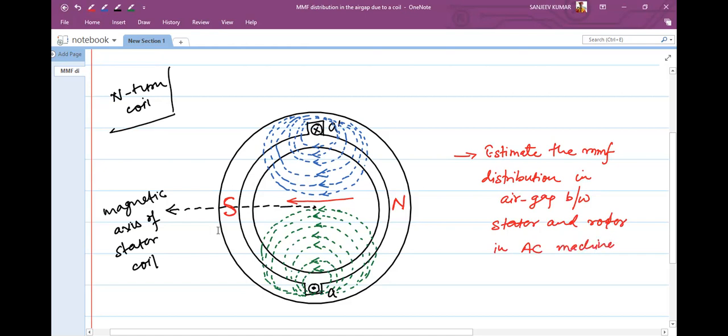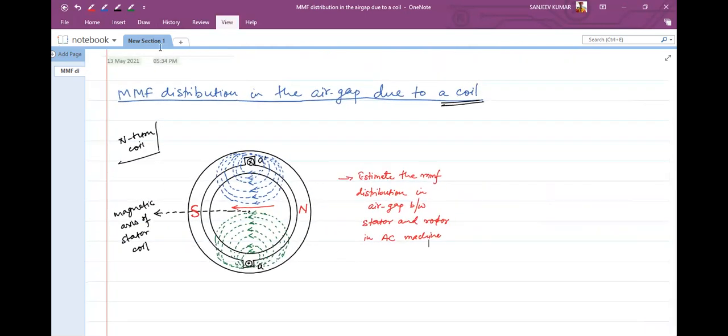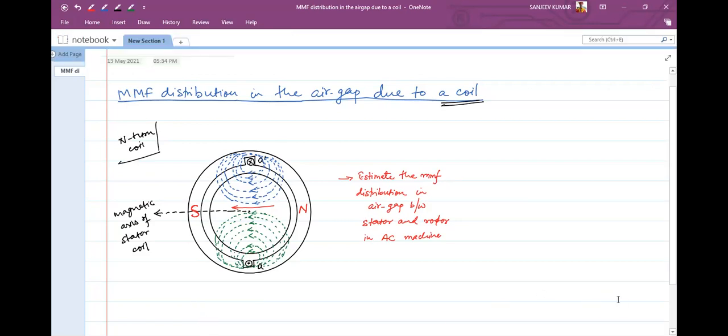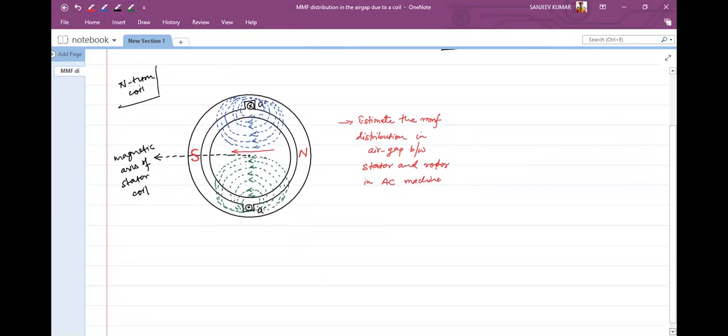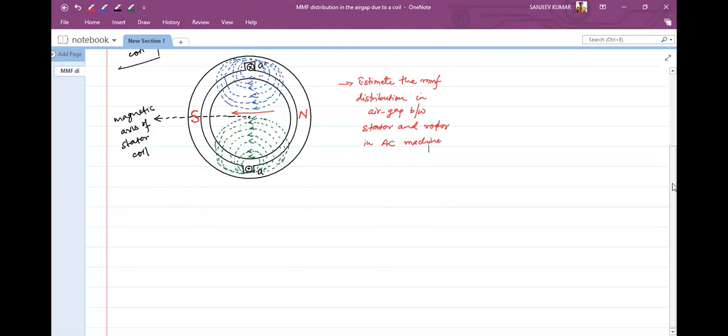Okay. Now what we will do here is that we simply represent the stator and the rotor on a linear plane. How that is done? Let us see.